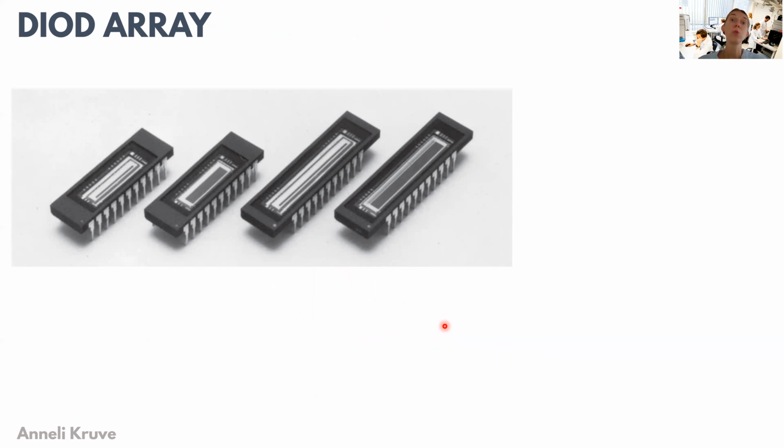Lastly, it is also very important to remind you of the diode arrays. These are essentially detectors which look like plates, and you can see that there are multiple electron connections down here at the bottom. They are essentially plates of tiny detectors.